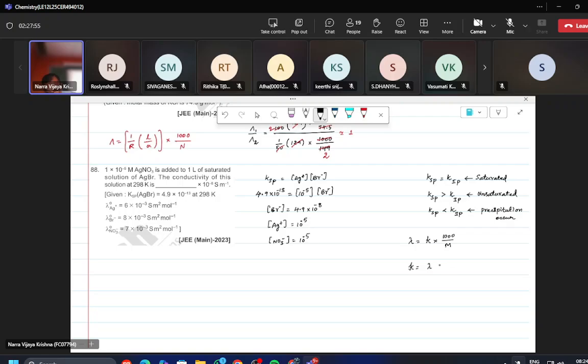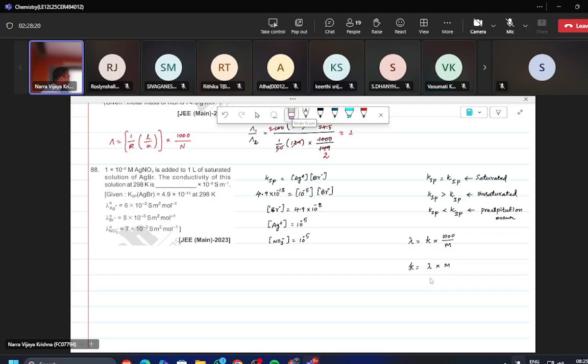Kappa of Br minus equals lambda of Br minus into molarity upon 1000. If it is for 1 liter, I will write 1000.